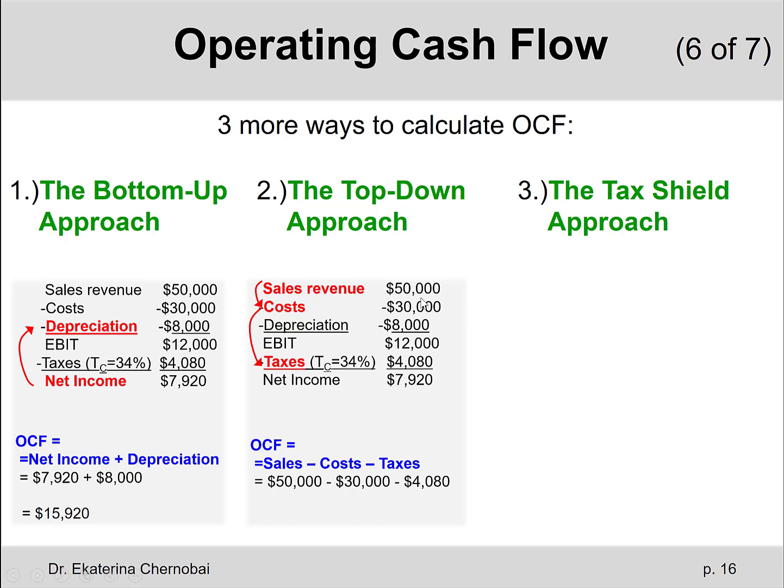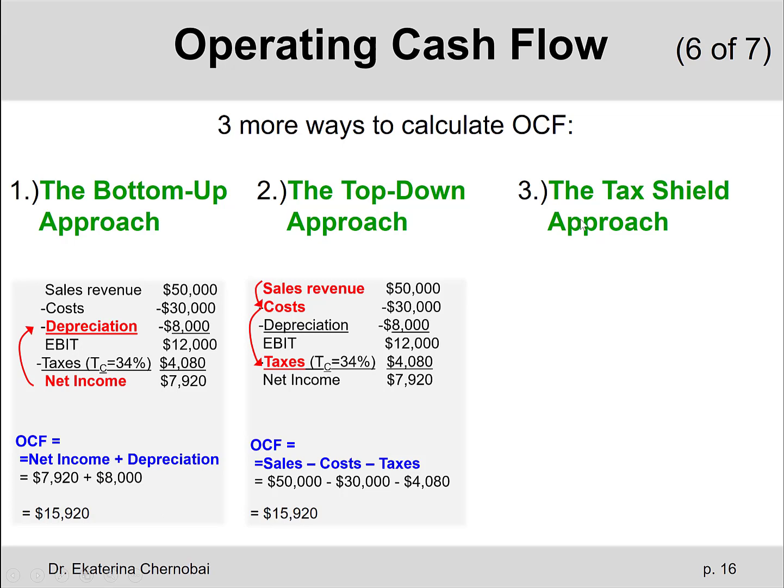When we do the math, $50,000 in sales revenue minus $30,000 in costs and minus $4,080 in taxes, that again gives us the same result, $15,920.